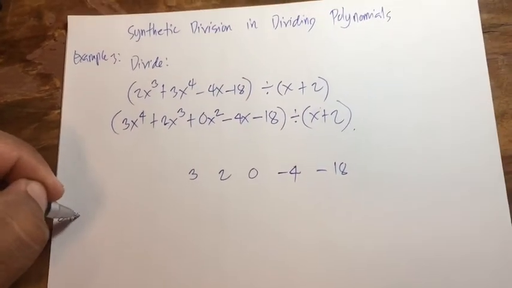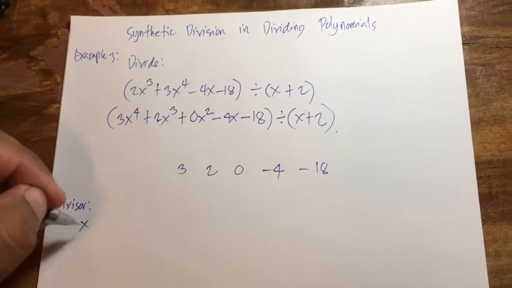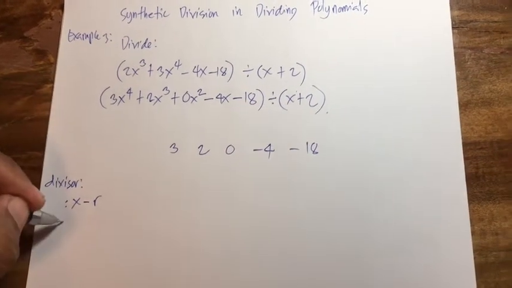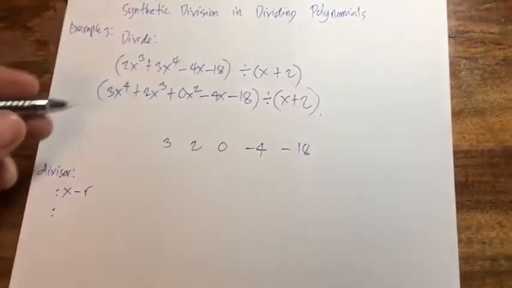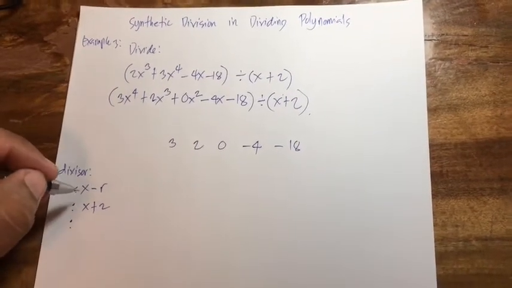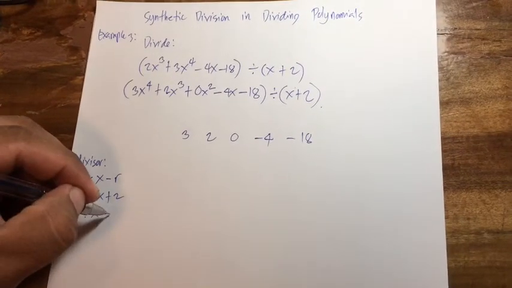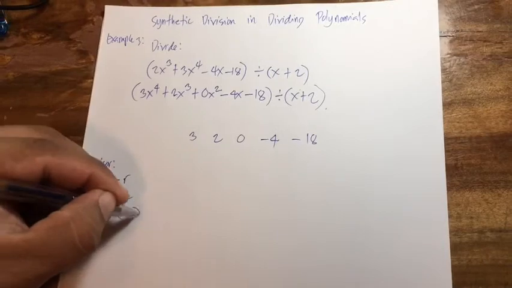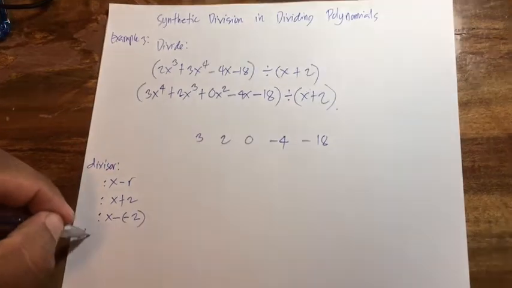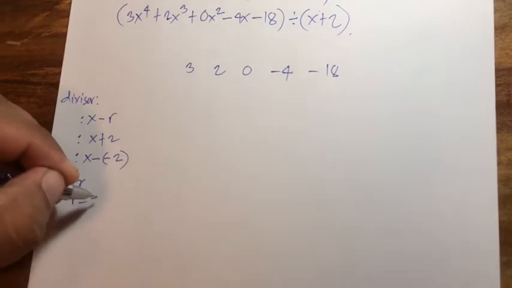After that, examine our divisor. Our divisor is of the form x minus r, and from our divisor we have x plus 2. So we will rewrite x plus 2 in the form x minus r, so x minus negative 2. x minus negative 2 is the same as x plus 2. So clearly, our value of r is negative 2.